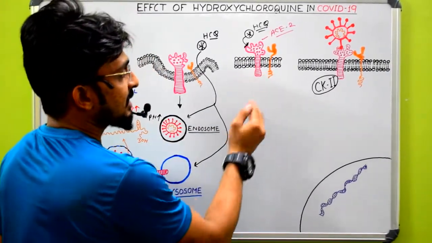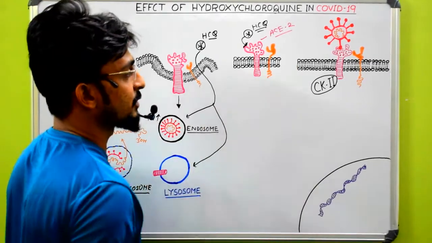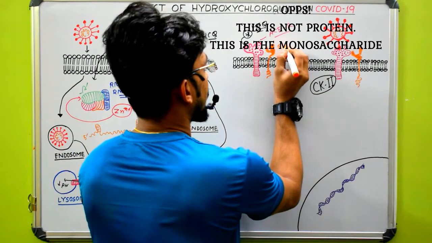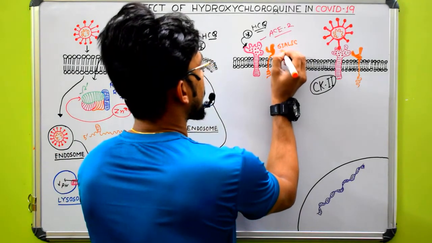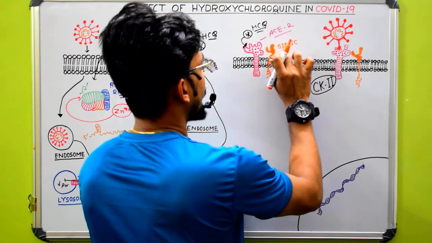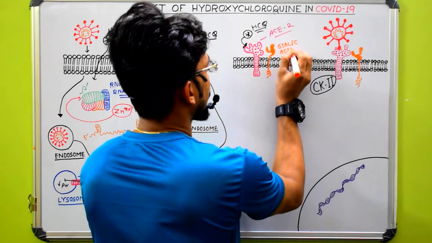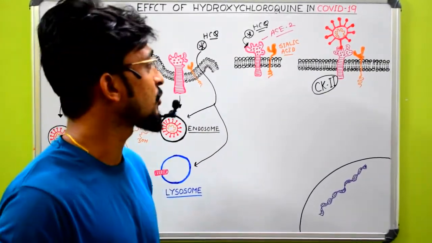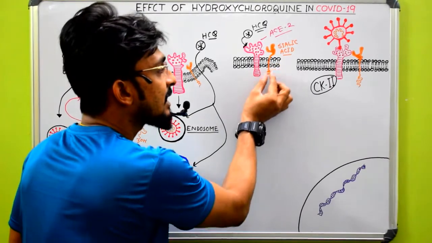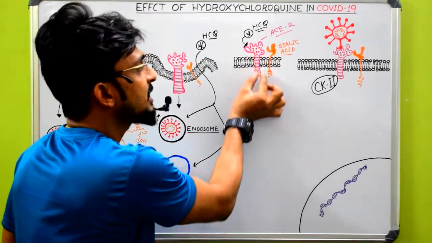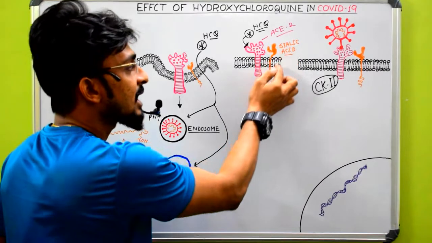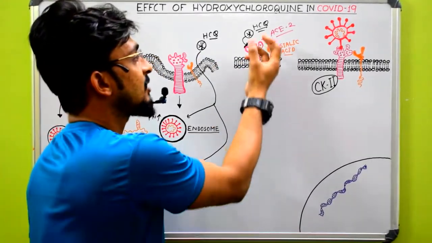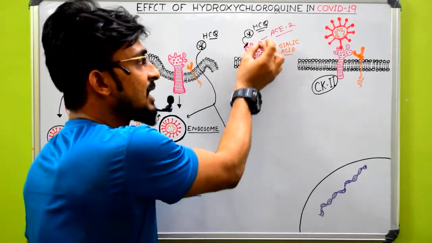And just right after the ACE2 receptor, there is another molecule known as sialic acid. This sialic acid is nothing but a sugar molecule, a monosaccharide, and it is found in very close proximity to this ACE2 receptor, and this sialic acid helps in facilitating the binding or the attachment of the coronavirus with this ACE2 receptor.